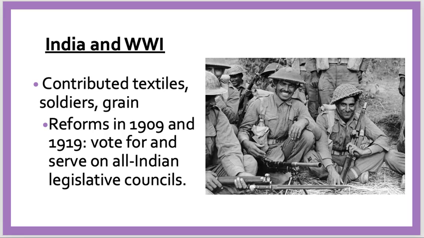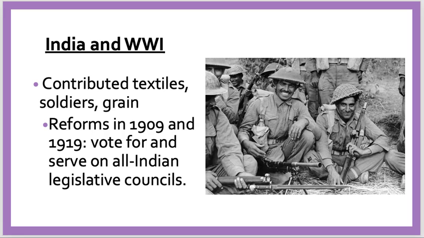The British leaders promised Indians self-government once World War I was over. But of course, we know this didn't happen. We see that a few reform steps were put into place to try and appease some of these Indian interests and to make it look like the British were actually honoring their promises.